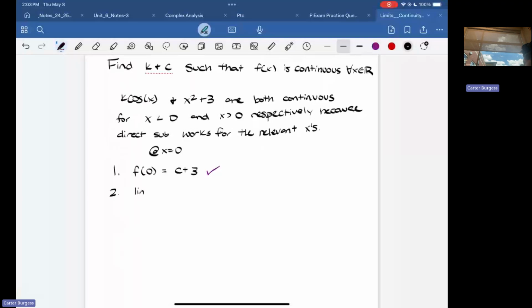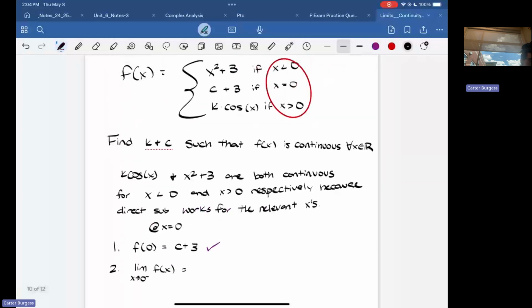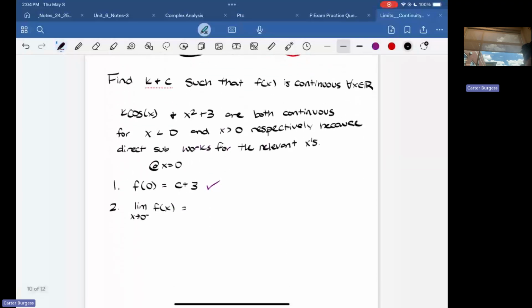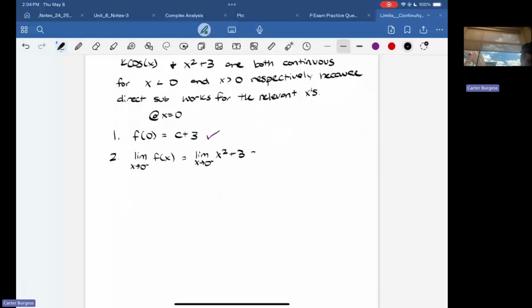Limits from the left and right match. So we need the limit as x approaches 0 from the left, which is going to be using which function? The top one. This is the limit as x approaches 0 from the left of x squared plus 3, which according to direct substitution is equal to 3.